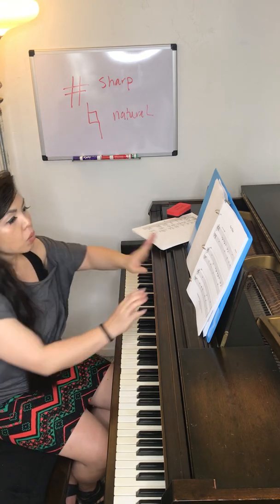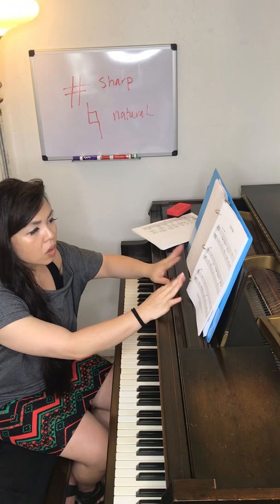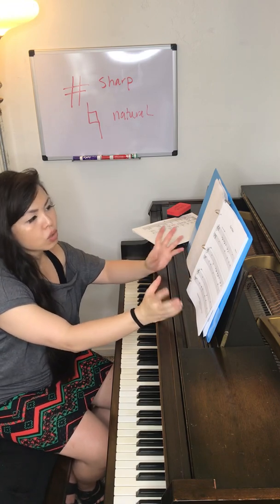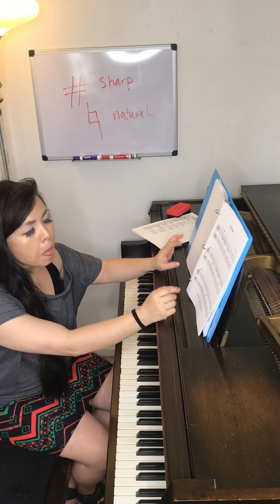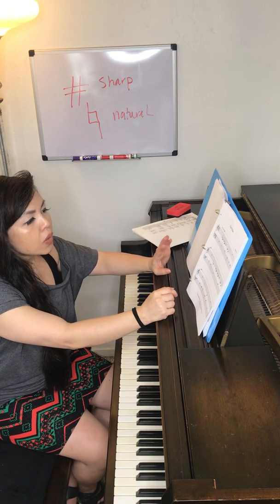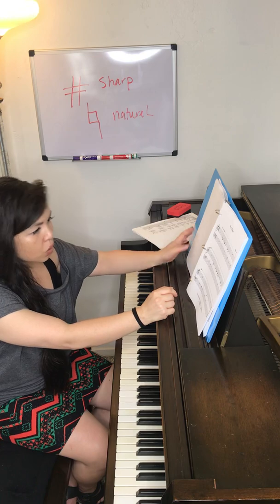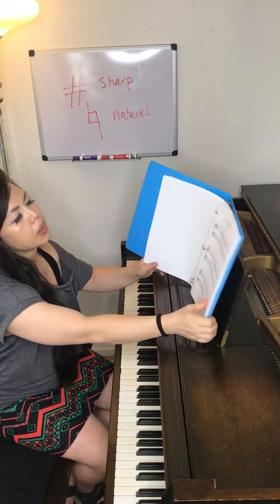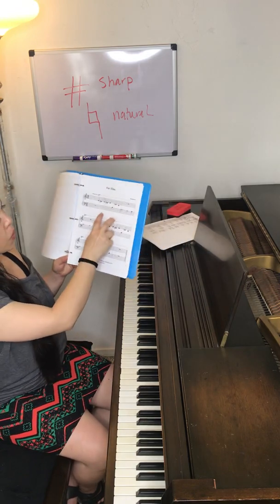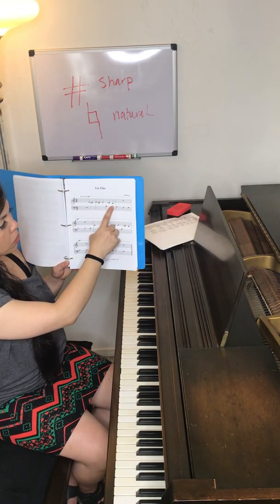Now, the rule for sharps and flats and all different types of accidentals, which accidental is the big word that encompasses all these little symbols: the rule is that if they occur in the measure, okay?